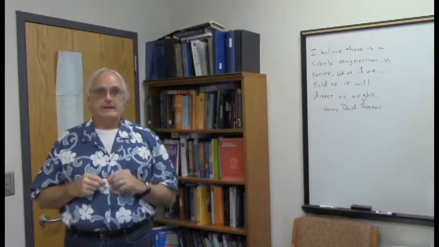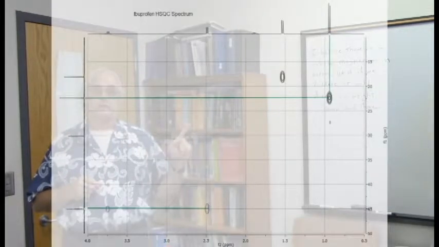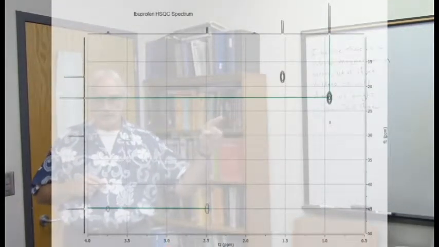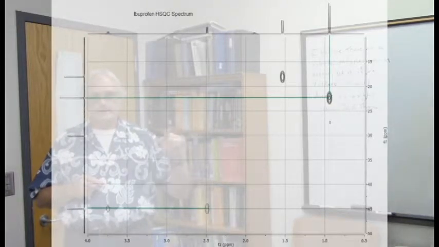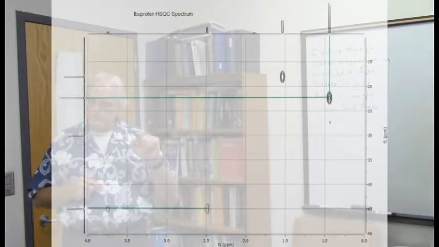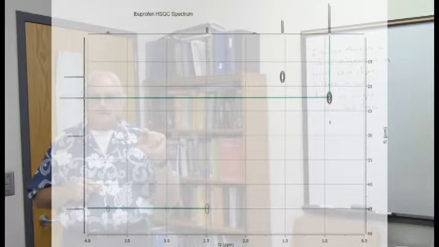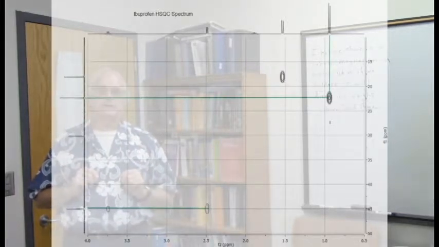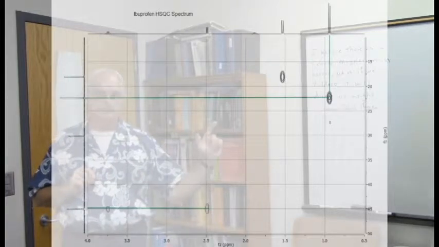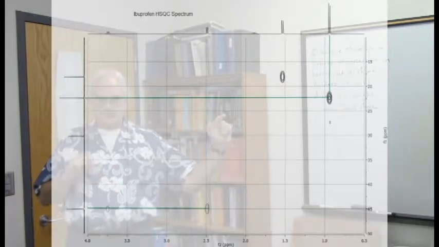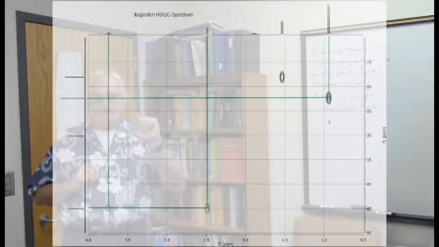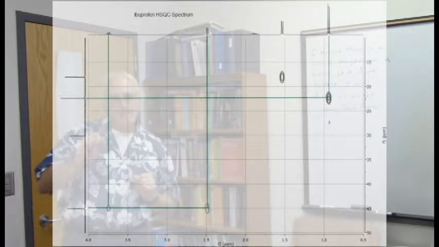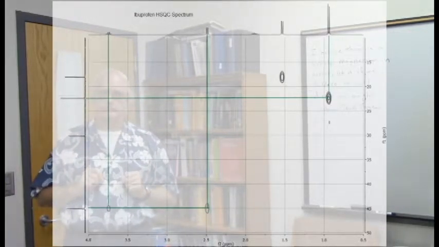Here it is. What we're going to do is start on the carbon and draw our line, this time a horizontal line, until we come to a crosspeak. But if you notice carefully, you come to not 1, you come to 2 very widely separated crosspeaks. In other words, this one carbon signal is correlated with both this CH and that CH2.